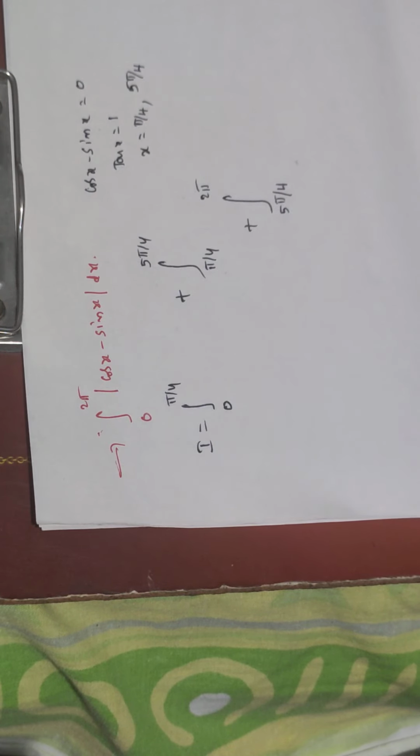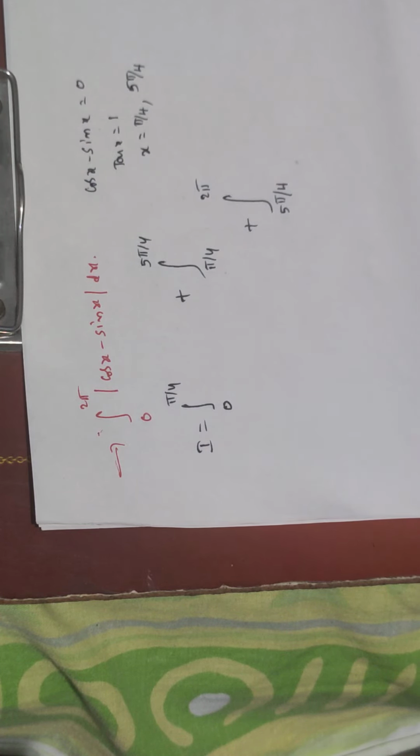For removing the modulus, what is the idea? Immediately I have to check the sign of the function inside. If it is positive, then directly drop the mod symbol. If it is negative, then you have to take the minus of that function. This is actually the method. So in 0 to pi by 4, what is the sign of cos x minus sin x?